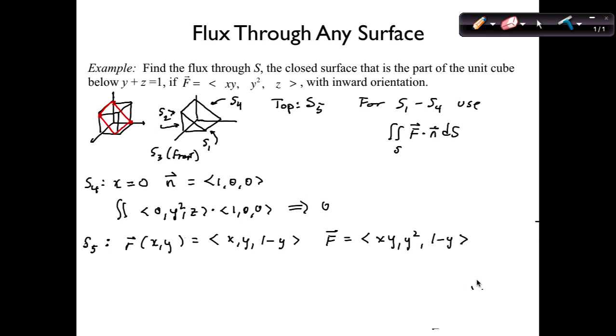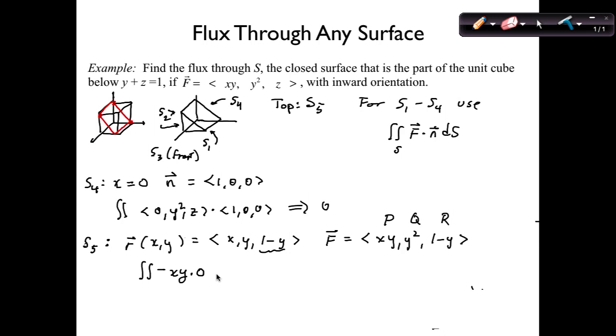In the last screen, before we did the start of the example, we derived a streamlined formula for this case when our parameterization is in x and y. So let's use that. What was it? Negative P, where P, Q, and R are from our vector field, times the partial of g, here's our g, with respect to x.